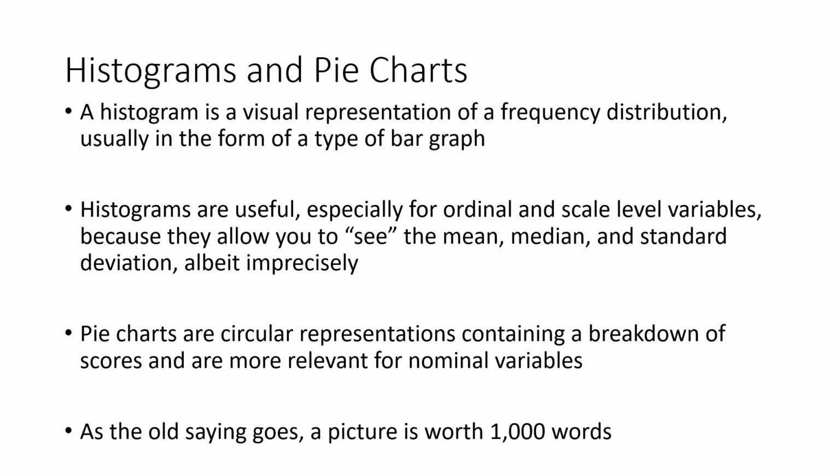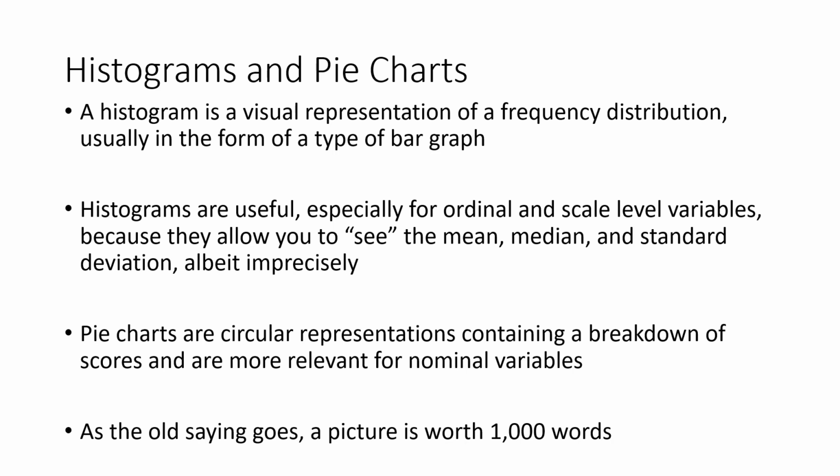Now, in my view, histograms are very useful, more useful, in fact, than a frequency distribution, because a frequency distribution is simply a bunch of numbers, but a histogram is taking those numbers and converting them into a graphic, a visual representation of the distribution of those scores.